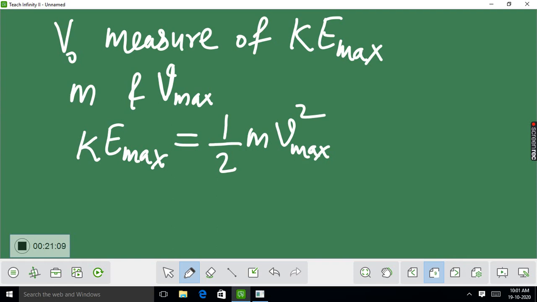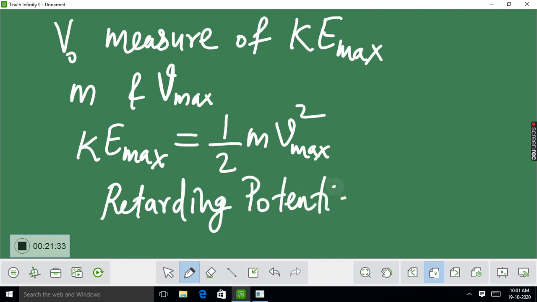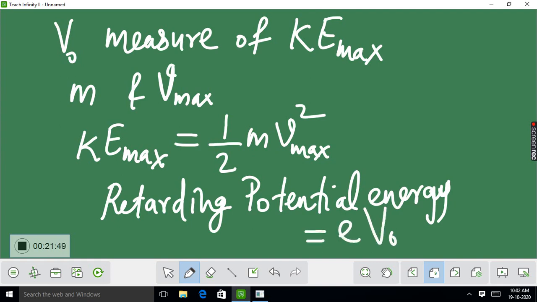If e is the charge of each electron and V0 is the stopping potential, then the electrostatic repulsive potential energy, or retarding potential energy, will be equal to e times the stopping potential, e V0.